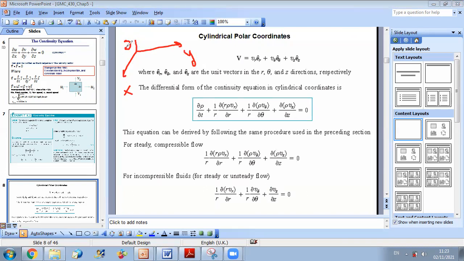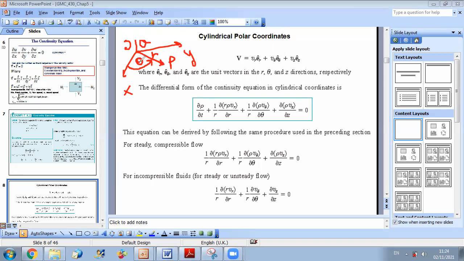But the difference is that in plane xy, instead of defining a point by x and y coordinates, we define it by the following. This is O. We consider R as the distance from O to the point of interest. So OP is equal to R. And theta represents the angle between a certain reference line, which can be x, for example, here, and OP.